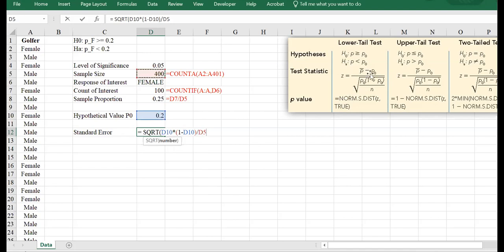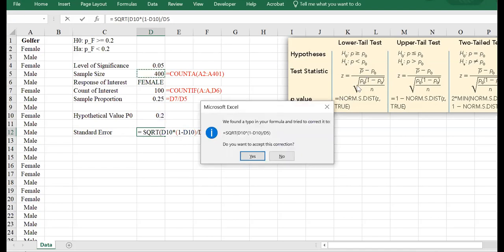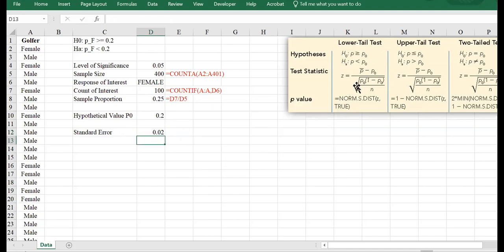All right, this is the formula. The standard error is 0.02. Now I can find the test statistic.